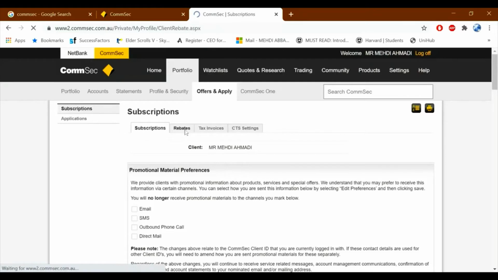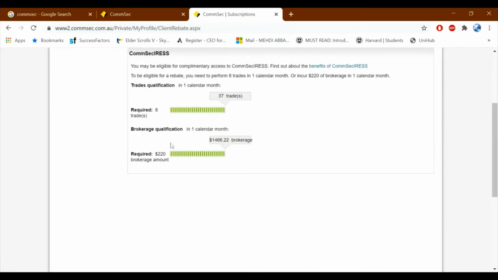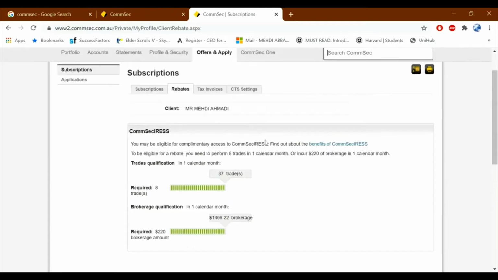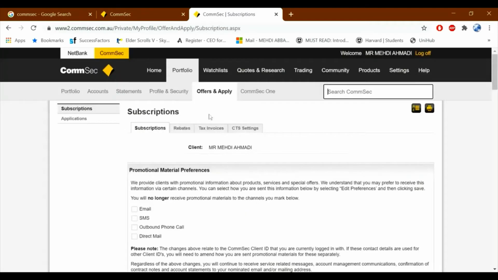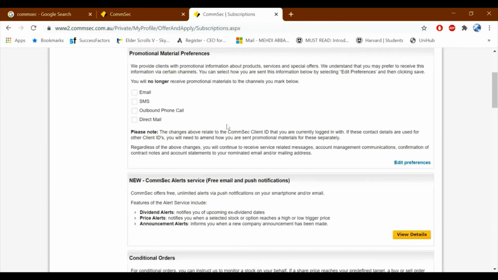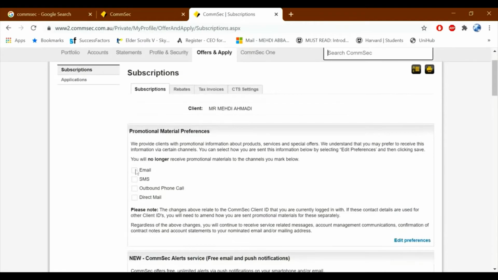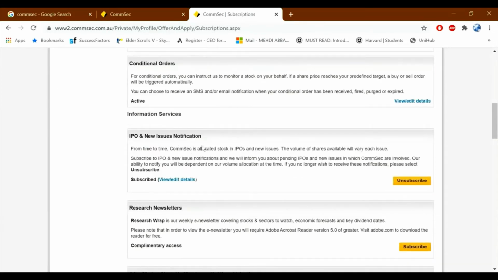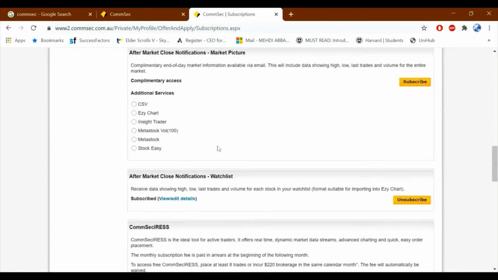Rebates, you can see how much you can get. Then there are the subscriptions. It tells you you can opt in for the services if you want to receive market updates. You can just select what they can send you or not, and these are the subscriptions that they offer.